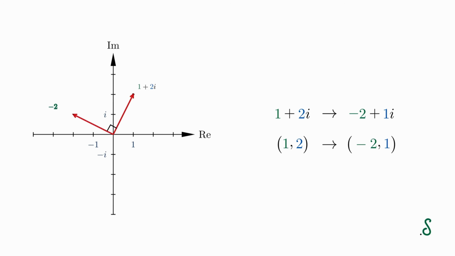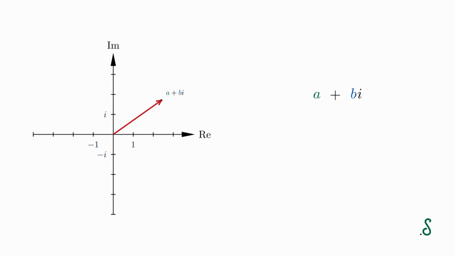And we can keep trying numbers. Every time, the same thing happens. So there has to be something deeper going on. The stronger way to prove this pattern is using an arbitrary complex number a plus bi, where a and b are real numbers. If we multiply it by i, we get i times (a plus bi). This expands to ai plus bi squared. Replacing i squared with -1 and rearranging, we get -b plus ai.